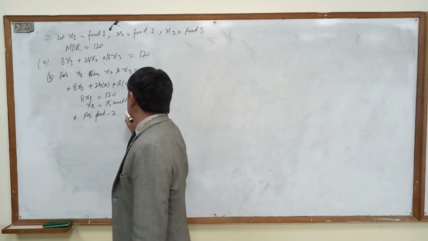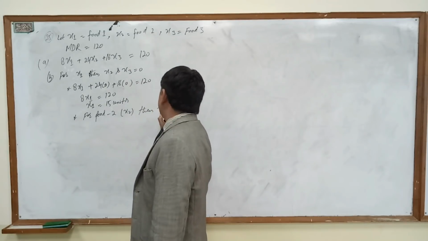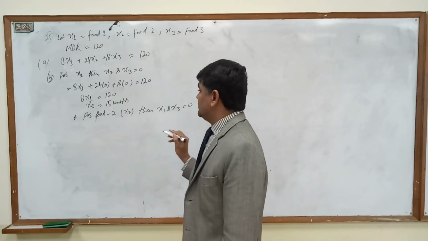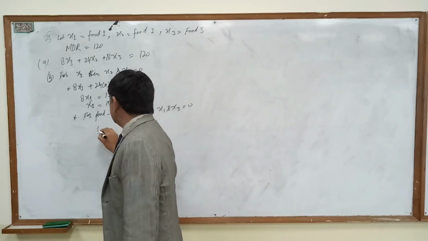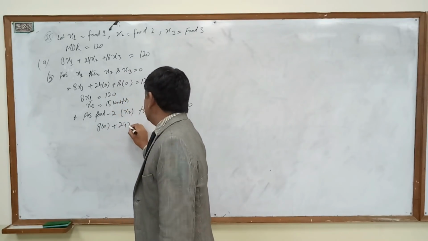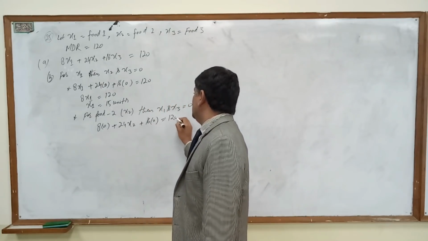Next is food 2, which means x2. Then x1 and x3 are equal to 0. So we can place the values here: 8 into 0 plus 24x2 plus 16 into 0 is equal to 120.